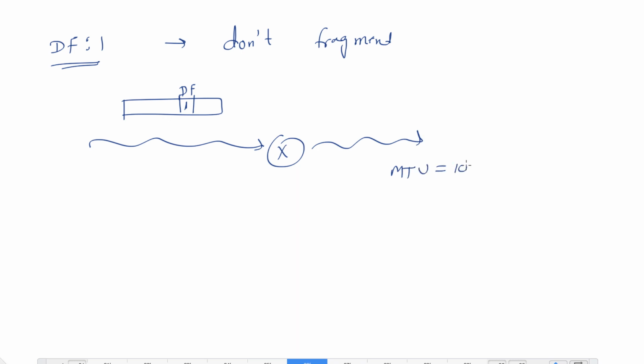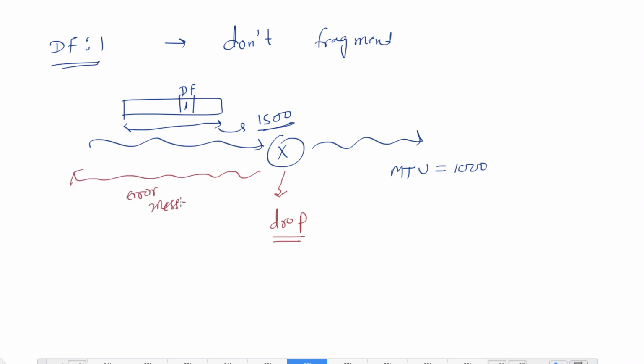Suppose this MTU value is 1000, and the packet length including the IP header is exceeding 1000, let's suppose 1500 or something. Now this router anyway has to divide this packet into a number of packets, but this DF bit is saying do not fragment, which means the router will do what? The router will drop this packet because it is not allowed to fragment, and it will send an error message.